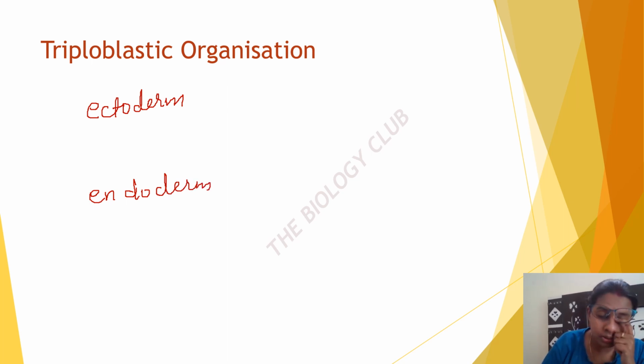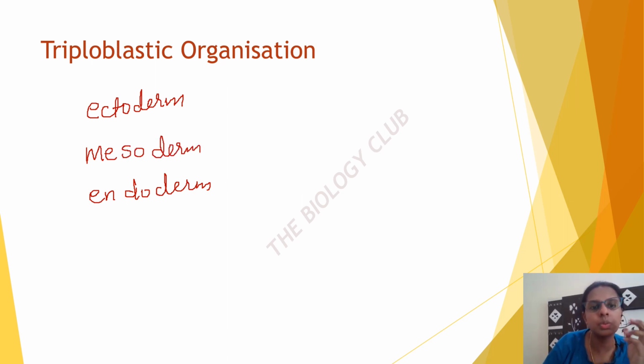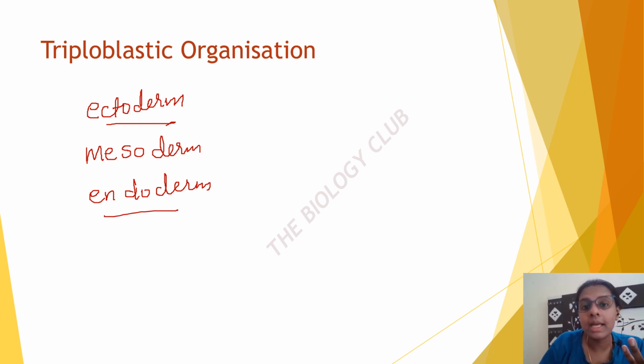Here, instead of mesoglia, these cells are very prominent and visible nicely. So that layer is known as mesoderm. This is situated between ectoderm and endoderm. Now this type of animals are known as triploblastic animals. Examples from platyhelminthes to chordates, everything we know comes under triploblastic organization.